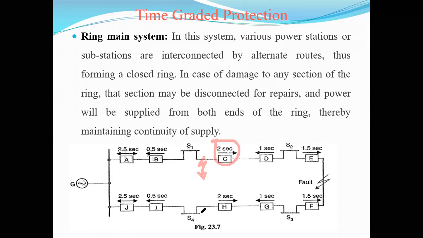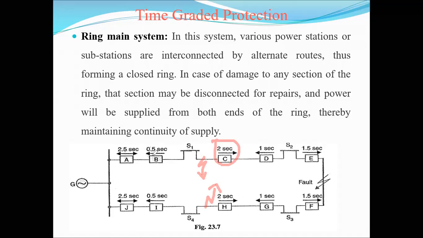Suppose the fault is obtained at this point, that is near to H, where H is the relay coil. Then what is the current direction?